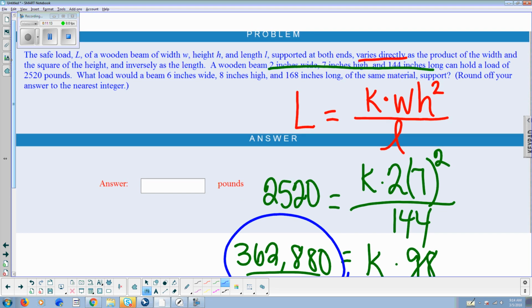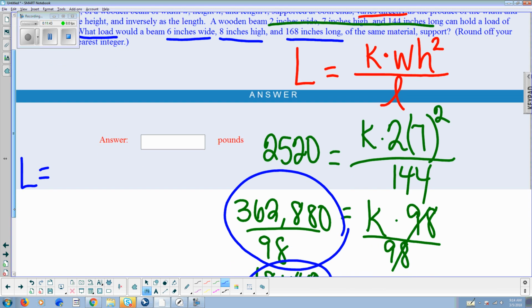Step 3. Go back to the question. What load, so you're solving for L, at the last step, not for K. You don't round K. At the last step, you round to the nearest integer. Okay, what load would a beam that is 6 inches wide, 8 inches high, 168 inches long of the same material support? So K was this fraction.